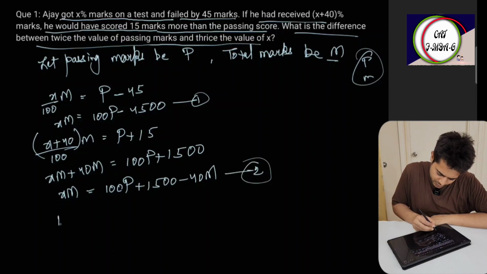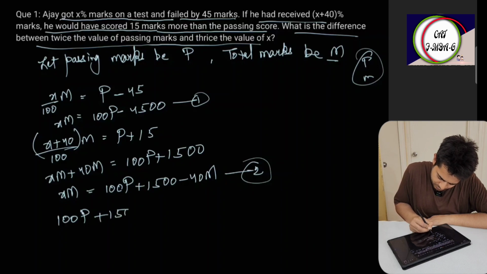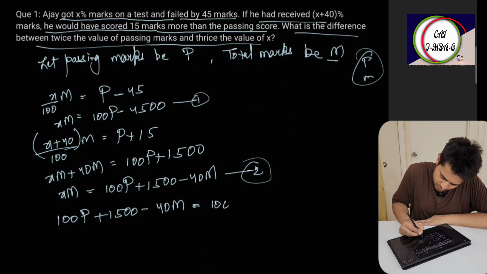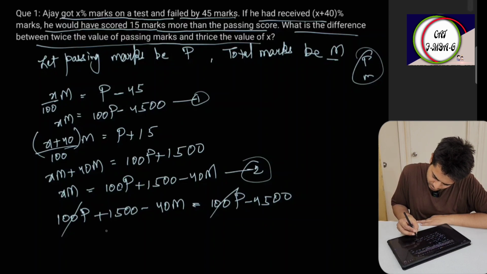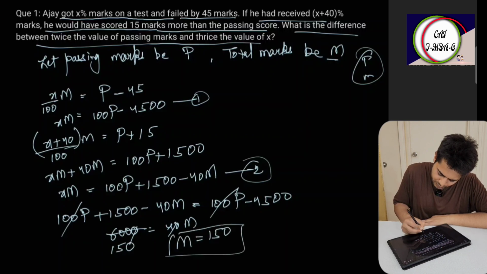So equation number 1 and 2, you can equate them. 100P plus 1500 minus 40M is equal to 100P minus 4500. 100P cancels. So 6000 is equal to 40M. So M is equal to 150.